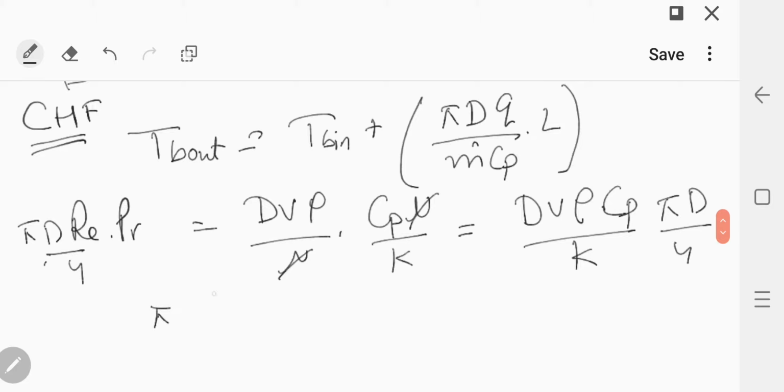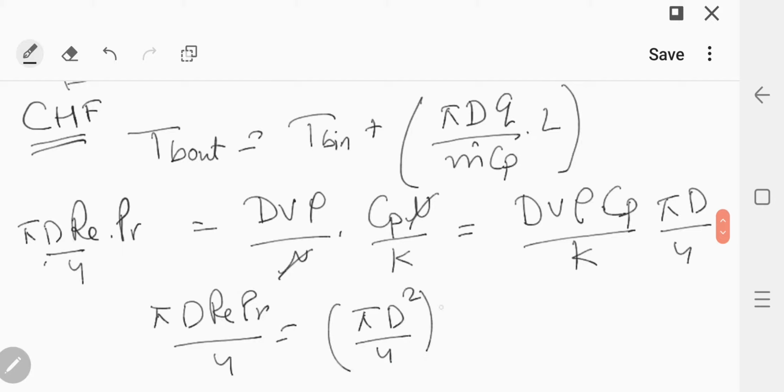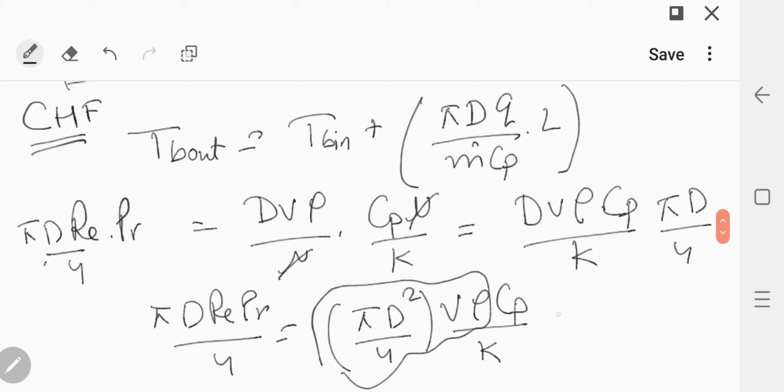We have pi d Reynolds number Prandtl number by 4 equal to pi d square by 4 into V rho Cp by K. And what is this entire thing? That is m Cp by K.